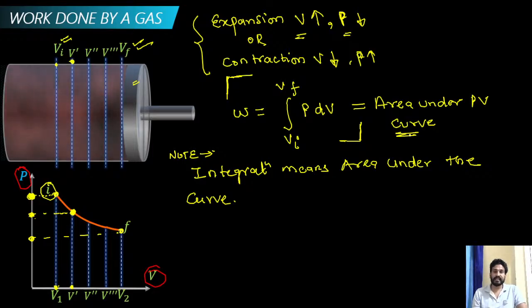It means, can we say that the area under the PV curve gives me the work done by the gas? Through this integration formula, can we say that the area under the curve gives me the work done by the gas? Yes or no? Please let me know that this is clear to you or not.